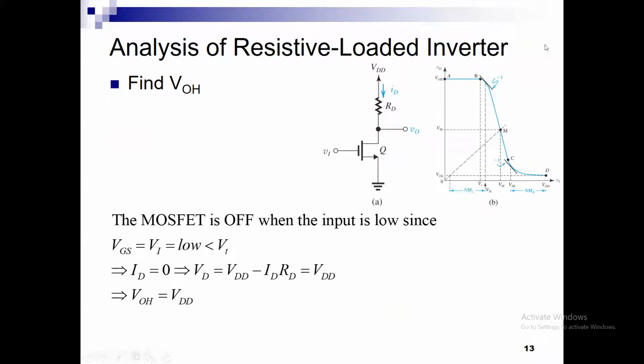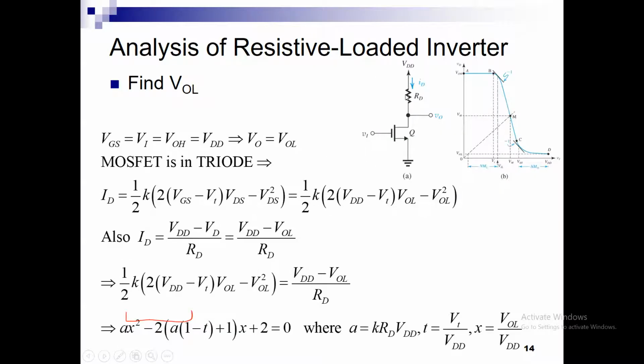So here in this slide, they are solving for what VOH is. And in this second slide, we are solving for the characteristics of VOL. We set VGS equal VIN equal VOH, and we're trying to solve for VOL. We said the MOSFET will be in the linear region. We put the current equations here, ID in terms of VDD and VOL, and we set ID equal to IR, and then we solve this equation.